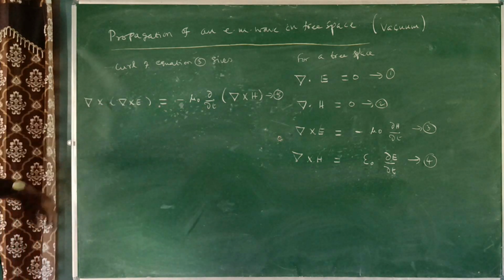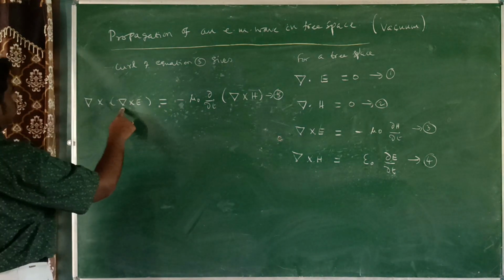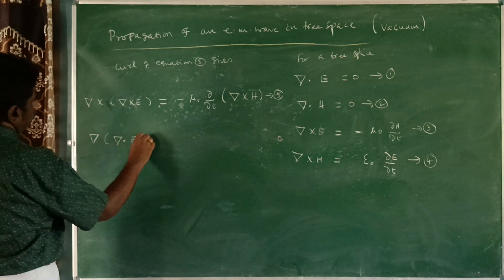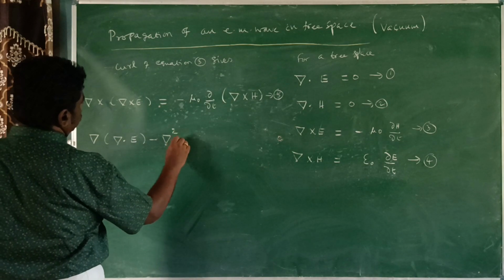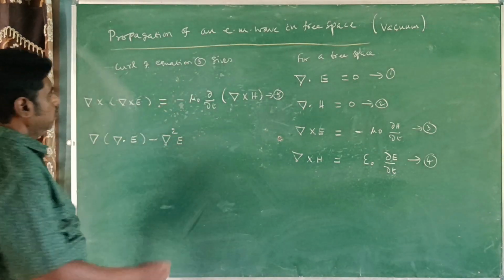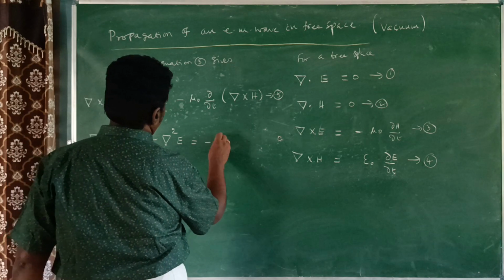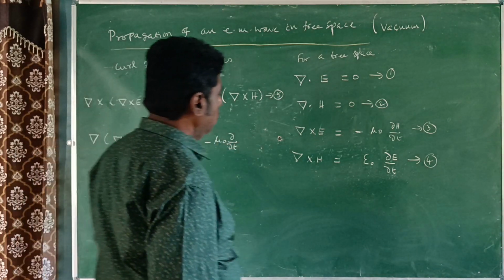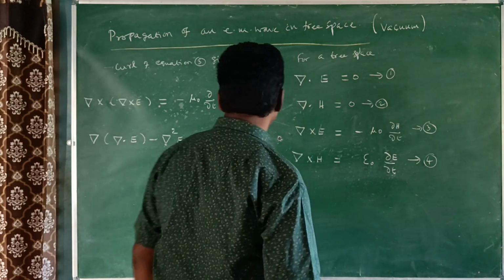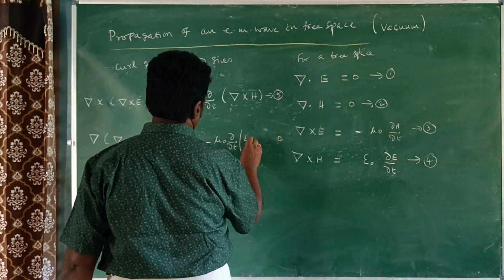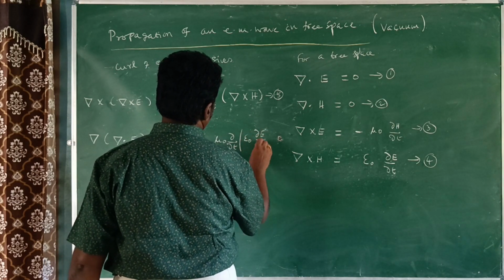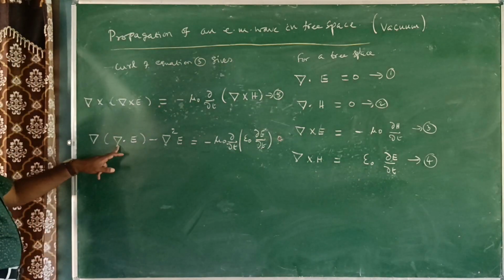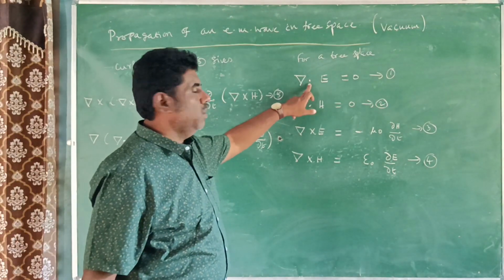Now we have to expand the left hand side using the formula. Del cross del cross E equal to gradient of div E minus del square E. This is the formula, which is equal to minus mu naught dou by dou t of the value of curl H, which is epsilon naught dou E by dou t. We know that div E equal to 0 from equation 1.